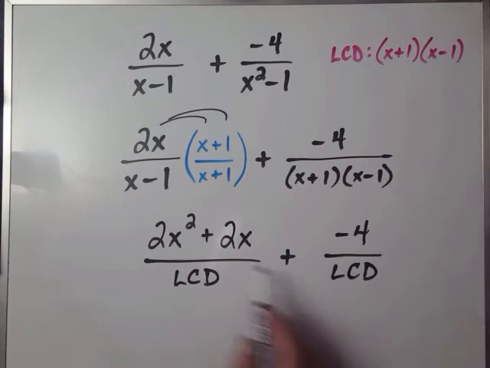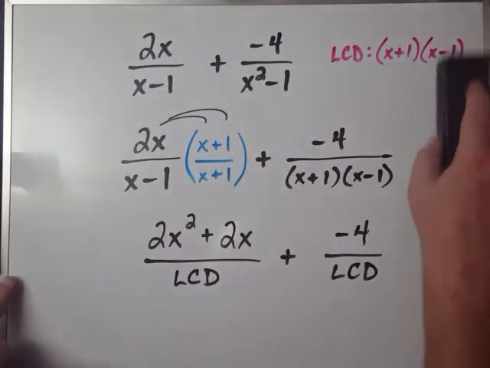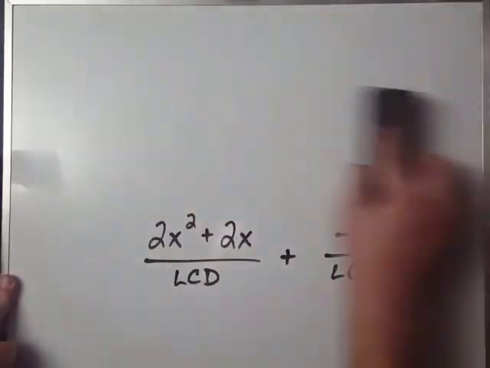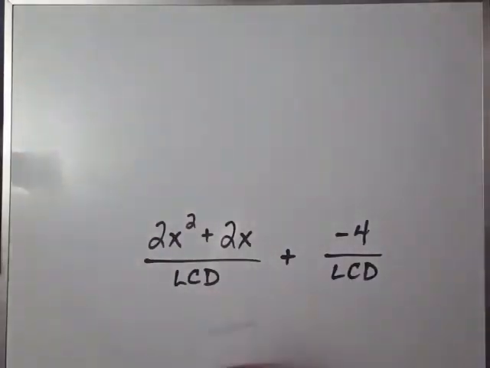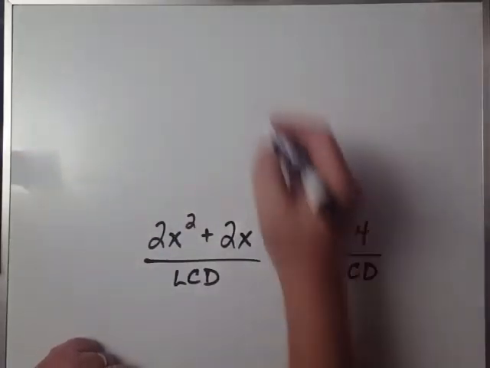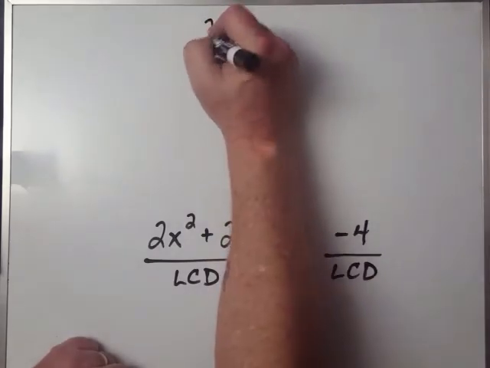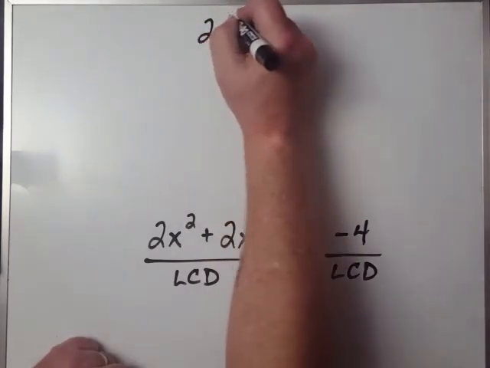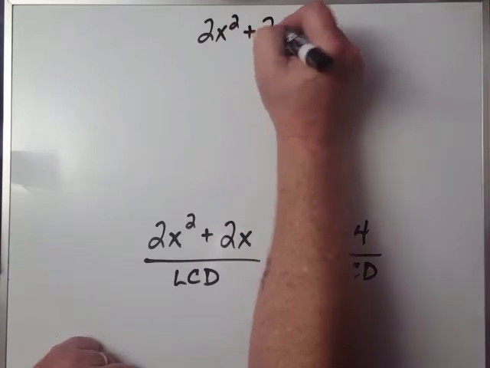Let's keep going. We're going to add the tops. And I'm going to need more room. So let me start again here at the top of the board. Add these numerators. They are all unlike terms.